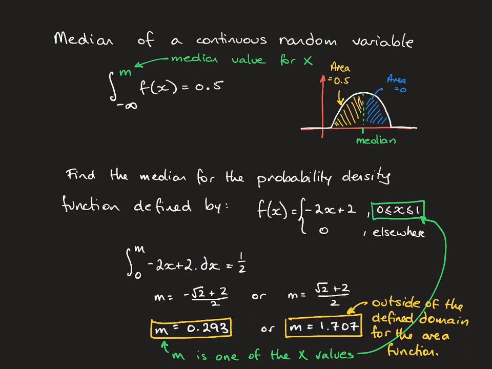So what it's actually saying is up on the picture up here, our 0.29 would be represented here with half of the area below it and half of the area above it. This 1.7 doesn't fit in this domain, it fits in the elsewhere section, which puts our median up here where there's no area.